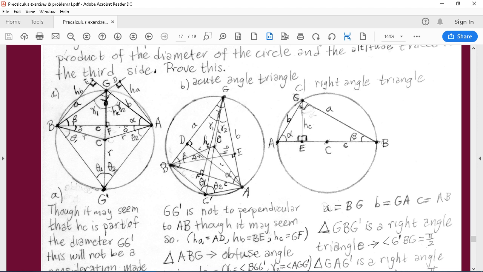For right triangles DAB and DAG, the height or altitude is segment AD, which will be denoted as H sub A or HA. And for triangles GFB and GFA, the height or altitude is segment GF, which will be labeled as H sub C or HC.